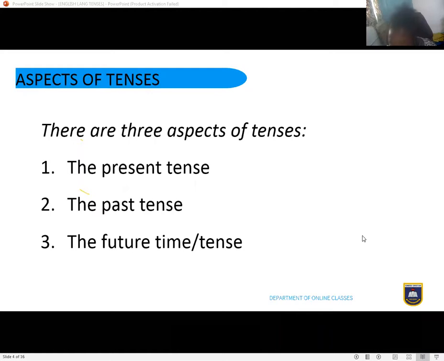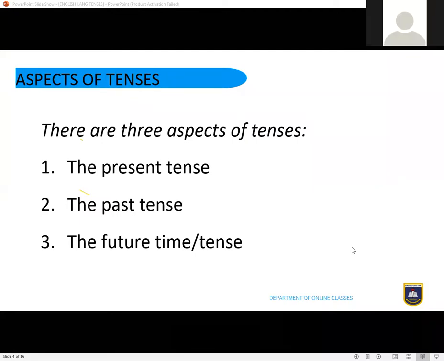I told you we have three aspects of tenses. So the first aspect is what? The present tense. And the second one? Past tense. And the third one? What is the third one?